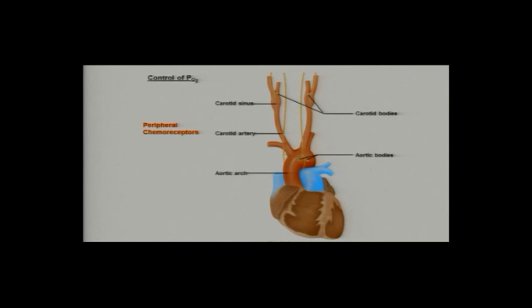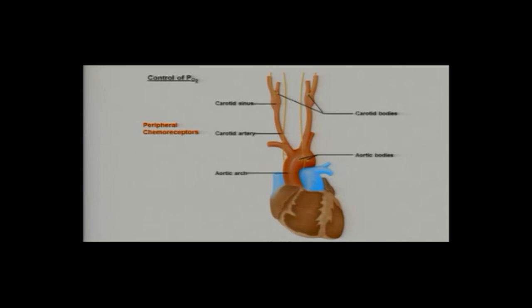The aortic bodies measure the composition of the blood in the aorta.